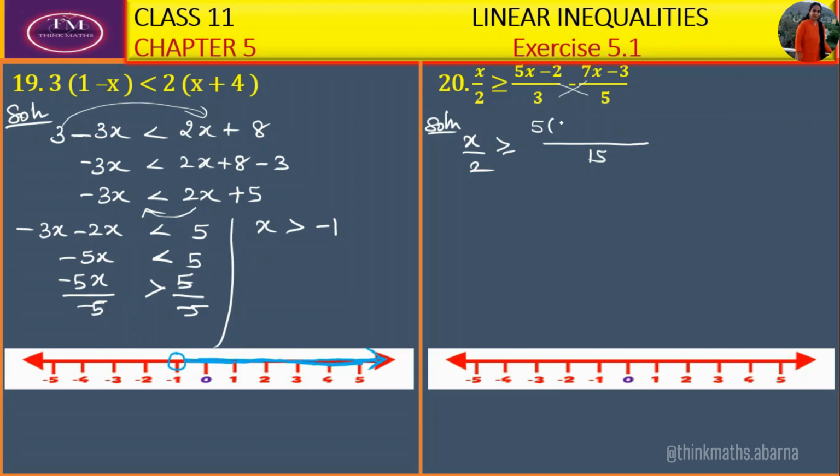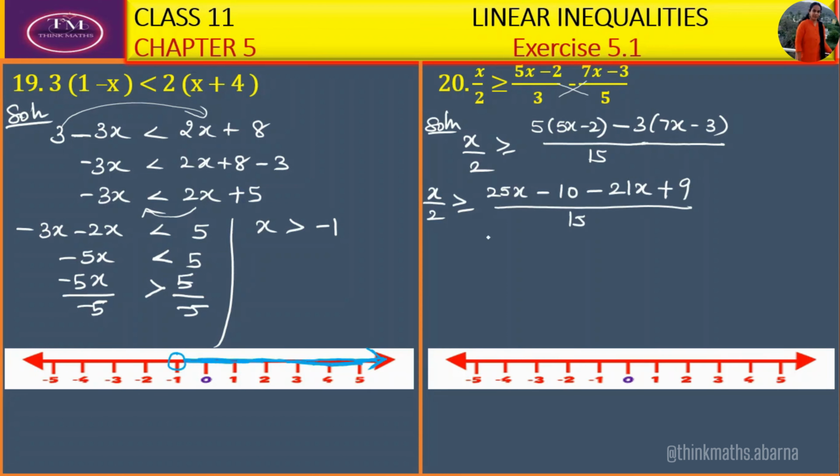So 5 into 5x minus 2 minus 3 into 7x minus 3. So x by 2 greater than or equal to 5 into 5, 25x, minus 5 into 2, 10, minus 3 into 7, 21x, minus 3 into minus 3 is plus 9, divided by 15.